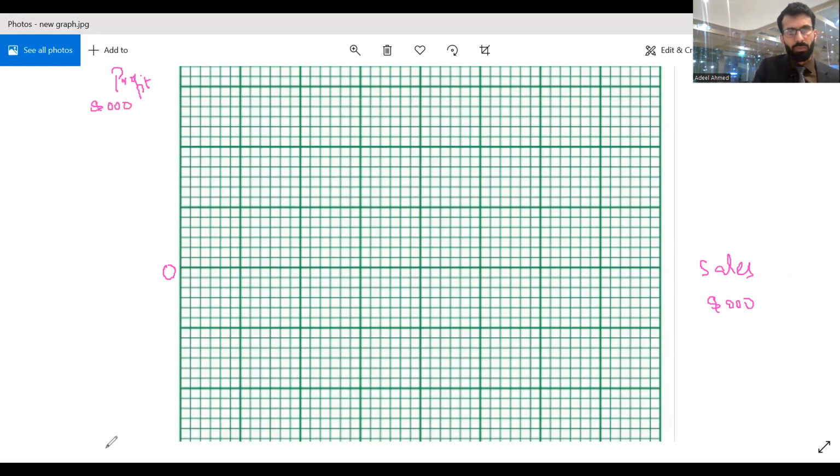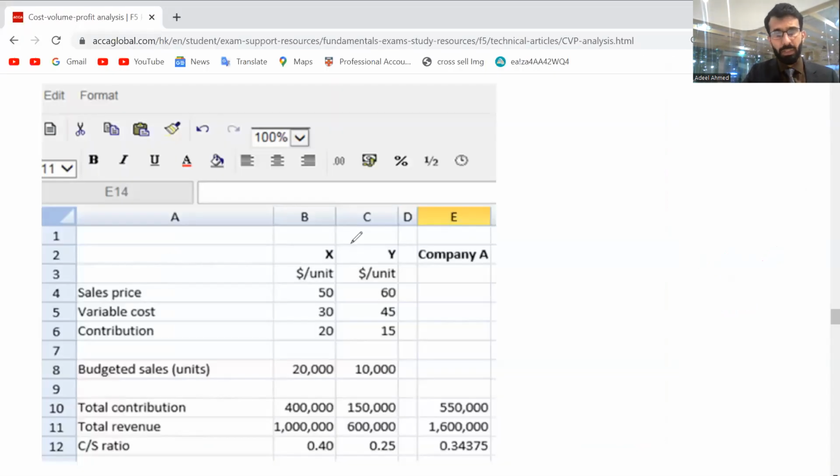So we also need to do some quick calculation to be able to determine how much will be our maximum loss if our production and sale is 0, and what will be our maximum amount of profitability if we achieve the budgeted sales revenue. So we will again go back to our scenario to have a quick look at what we have as the amount of sales revenue and the maximum amount of profitability that we can generate here.